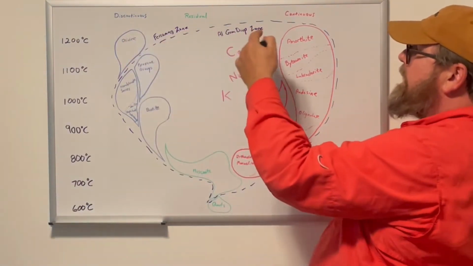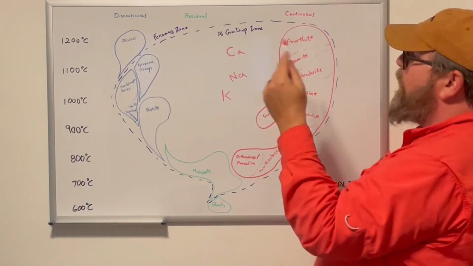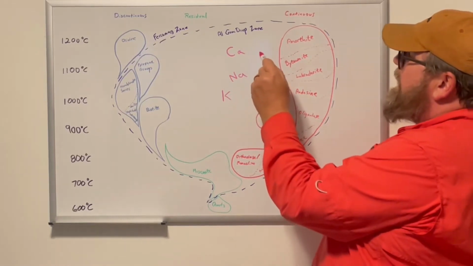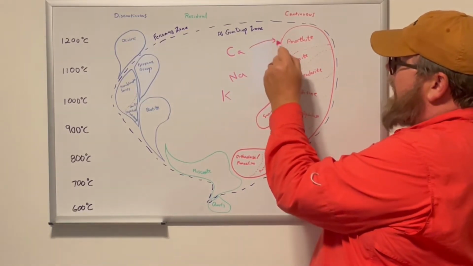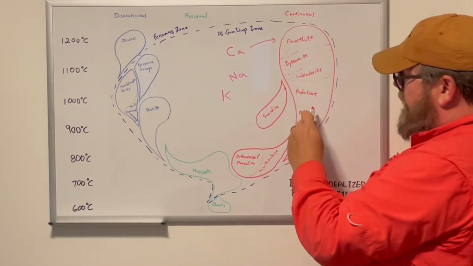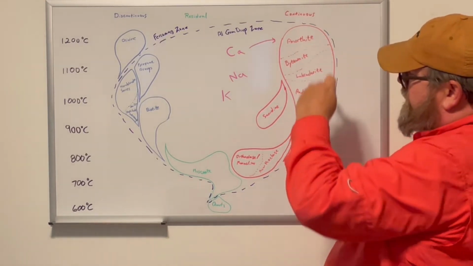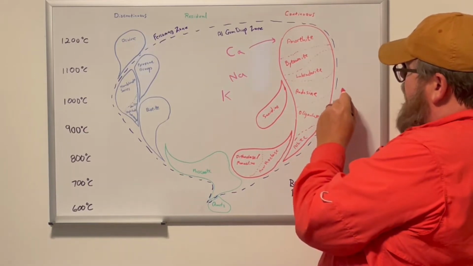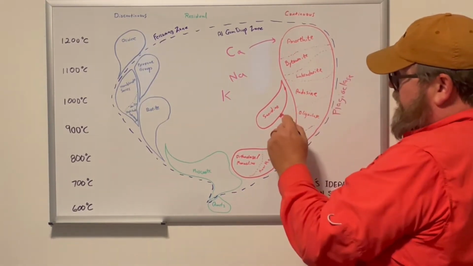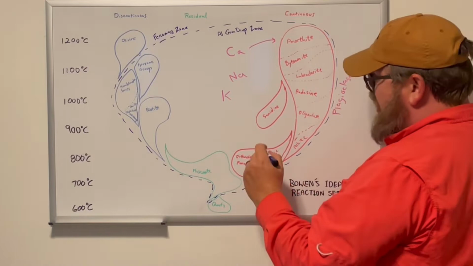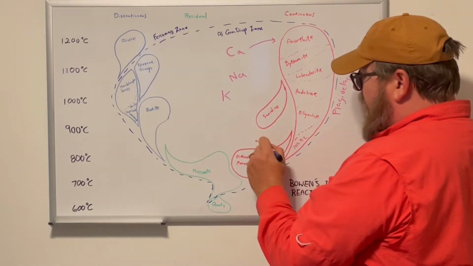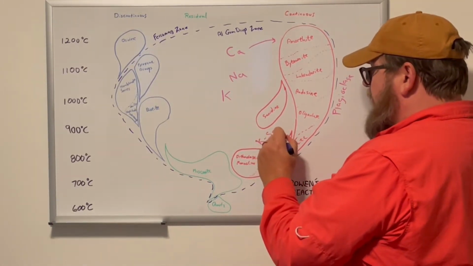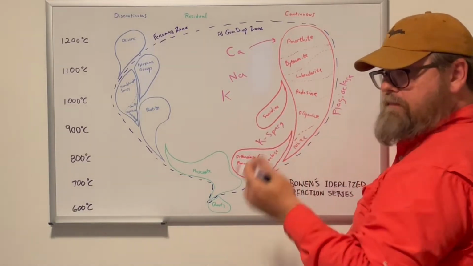At 1200 C, calcium starts to solidify out, crystallize into anorthite, which is a plagioclase. All of our plagioclases go down to albite here. This is plag here, essentially right there. And these two are our K-spars. And you've heard me say before, sanidine's a high temperature K-spar.